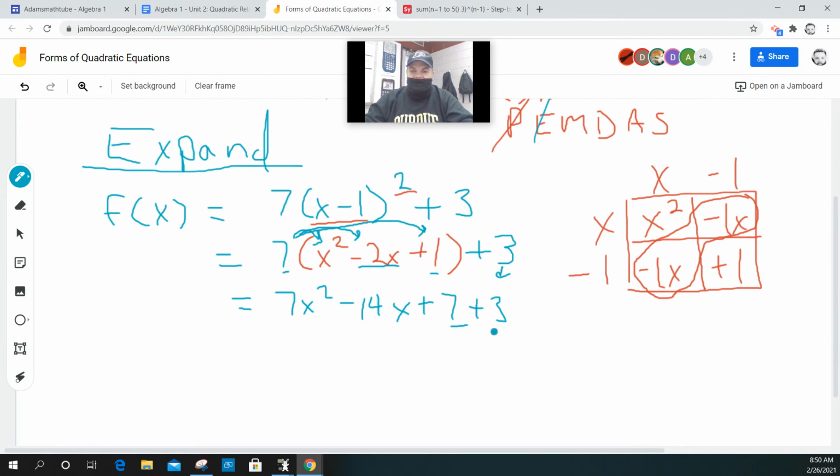I've got to combine these like terms because when you expand, sometimes there are like terms that you can simplify or combine. So my final answer is 7x squared minus 14x plus 10. Oops, minus 14x. Ooh, gotta be careful. Are there any questions on that one?